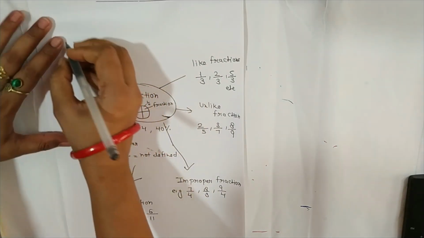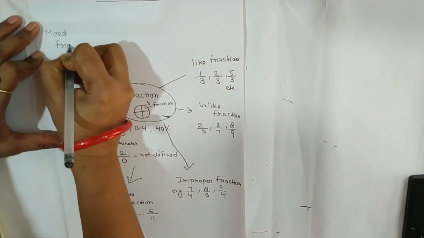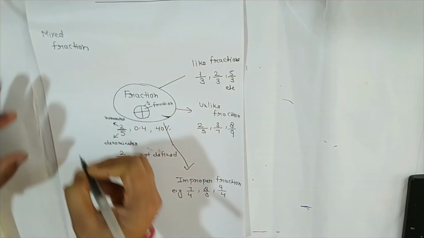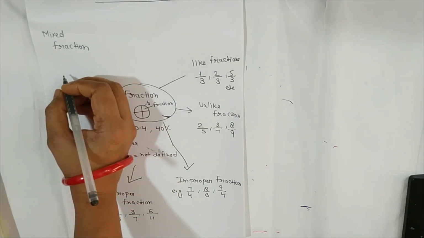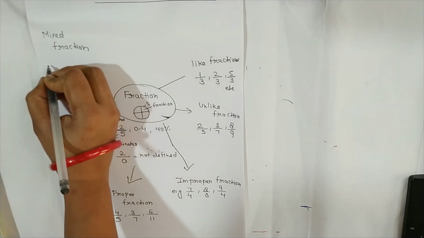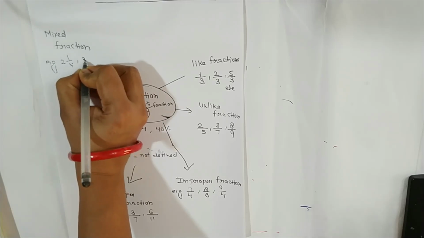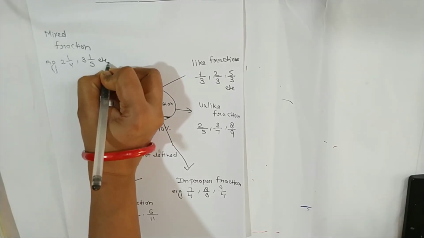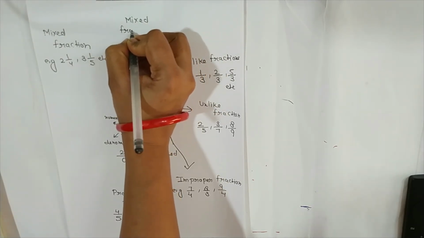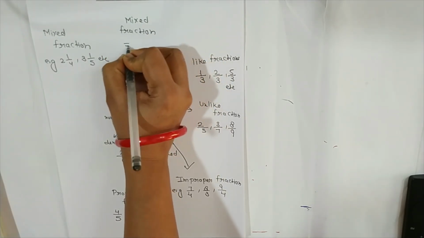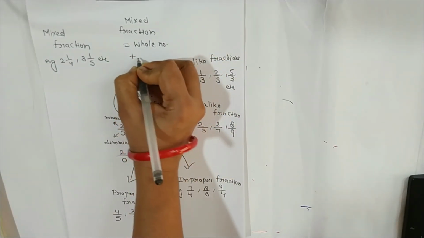Then what is mixed fraction? Fractions which are a combination of whole number and fraction are called mixed fractions. For example, 2 1/4, 3 1/5, etc. Or a mixed fraction can be written as whole number plus fraction.